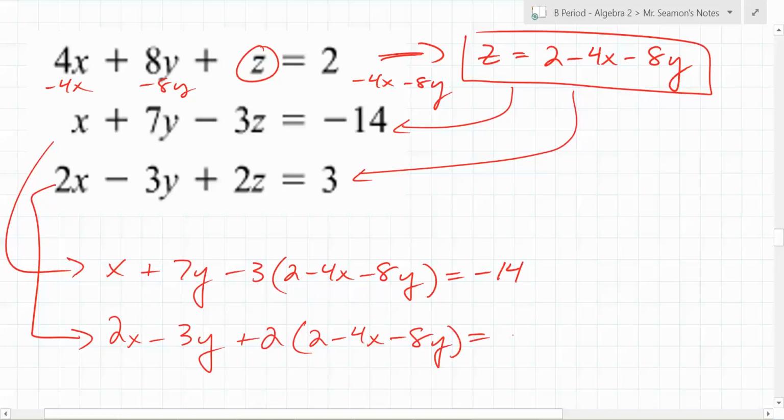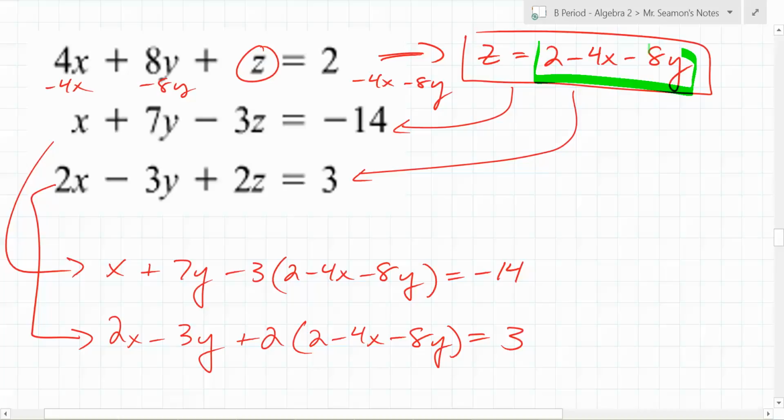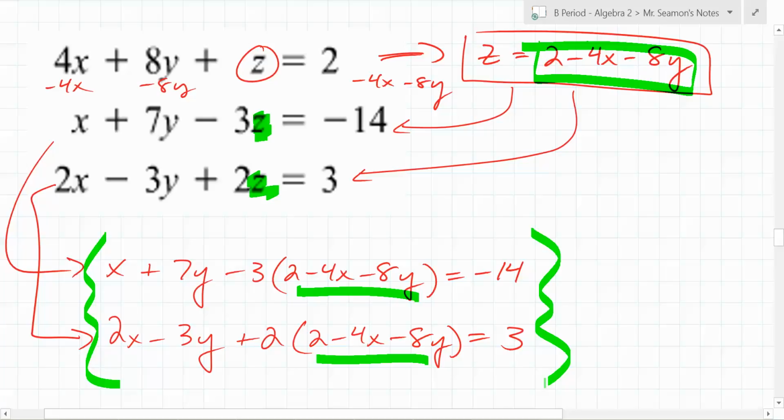All we did is find a new value for z, and we plugged it in and ended up with this. Now here's the thing. How many equations do you see right there? 2. How many variables are in that? 2 equations and 2 variables, x's and y's. There's only x's and y's here.